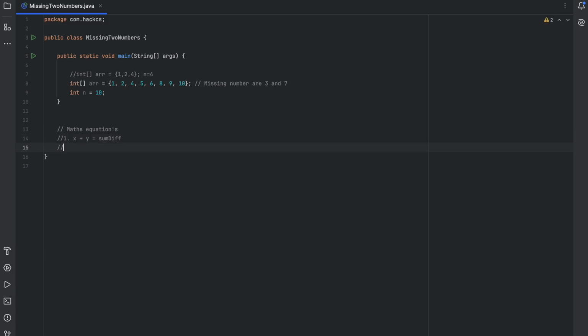The second equation we need is x square plus y square. So we will represent it as x square plus y square equals sum square difference.